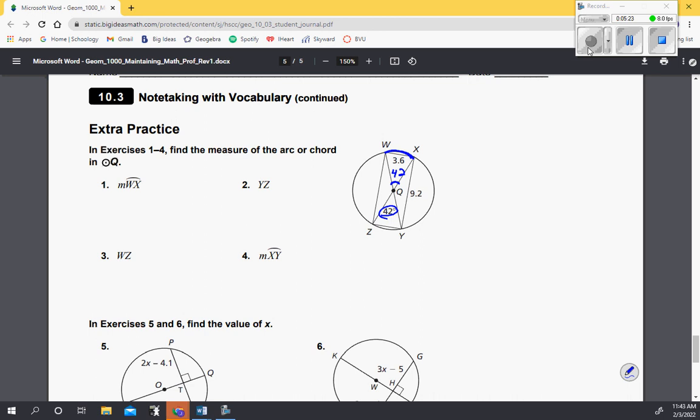This is also 42. All right, next one is YZ, just the length from Y to Z. Based on our information, we know that this was congruent to this. We should know that 3.6 is equal to YZ.